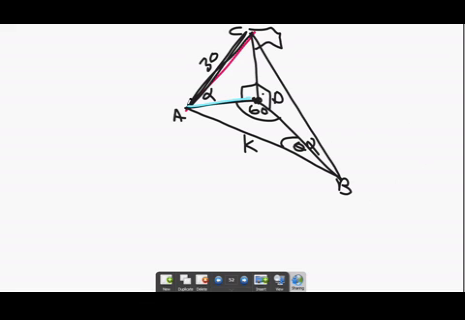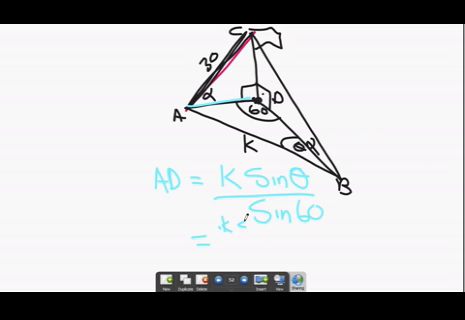Now if I want to find AD, I know that AD is equal to sine the angle of AD, which is theta, and then multiplied by K, which is the given side, divided by sine the angle for K, which is 60. So in other words, I've just found my AD in terms of K. Because sine 60 is √3/2, this will be K sine theta over √3/2.